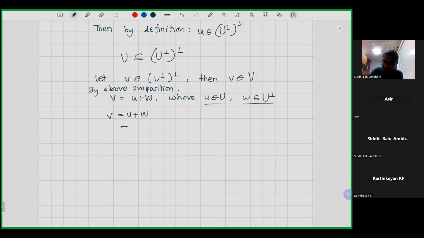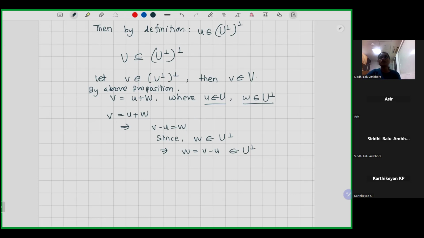So from here, I get V minus U is equal to W. Since W is in U perp, this implies W, which is equal to V minus U, is in U perp. V is equal to U plus W, then V minus U will be W, and since W is in U perp, V minus U is in U perp.